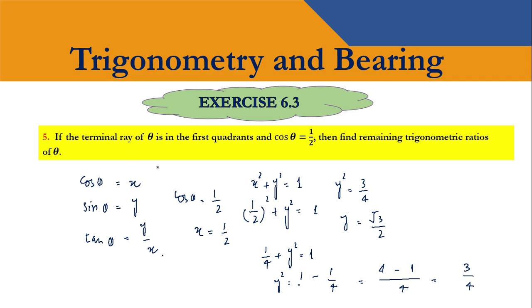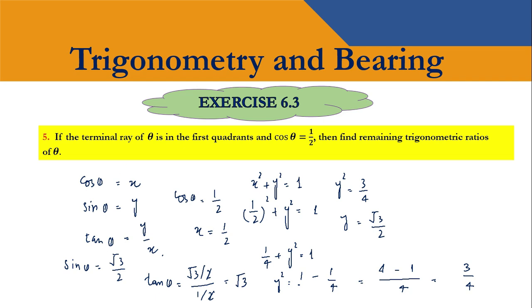So now we know cos theta is equals to this, and our sin theta is equals to under root 3 divided by 2, and our tan theta is equals to y divided by x. So y is equals to under root 3 by 2, and x is equals to 1 by 2. So 2 cancels the 2, and the answer is under root 3. So these are the 3 trigonometric ratios. The rest of the 3 are the reciprocals of these values.